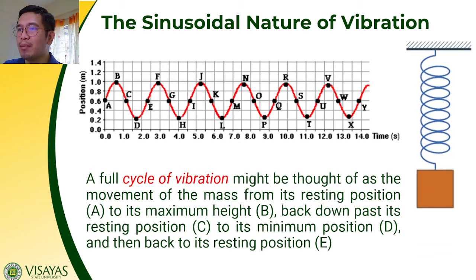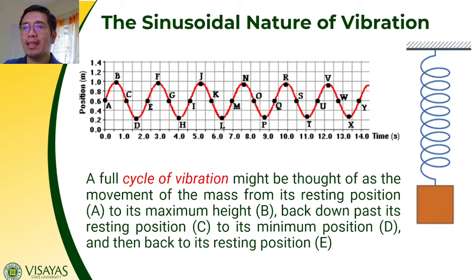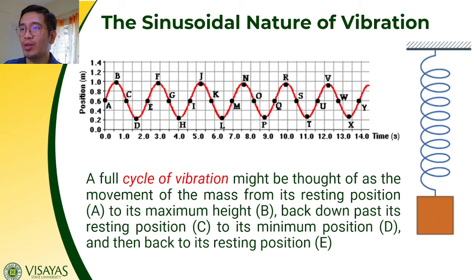The mass is at position A at a time of 0 seconds, so we start at time 0, and completes its cycle when it is at position E at a time of 2.3 seconds. Therefore, it takes 2.3 seconds to complete the first full cycle of vibration.